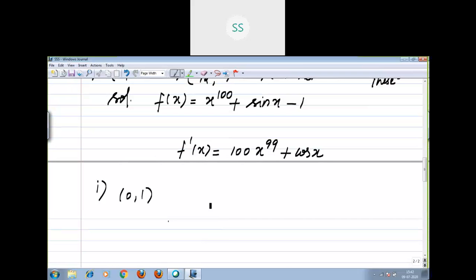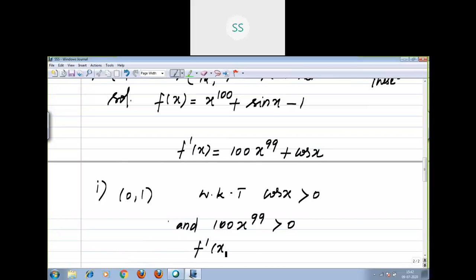So f dash of x: cos x is greater than 0 and 100 into x power 99 is also greater than 0. Compare this. Finally, what is your conclusion? F dash of x is greater than 0.